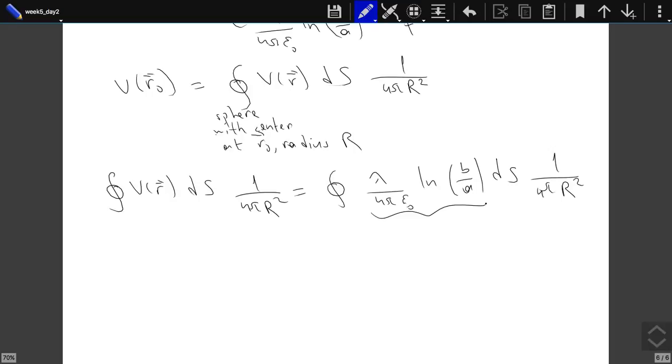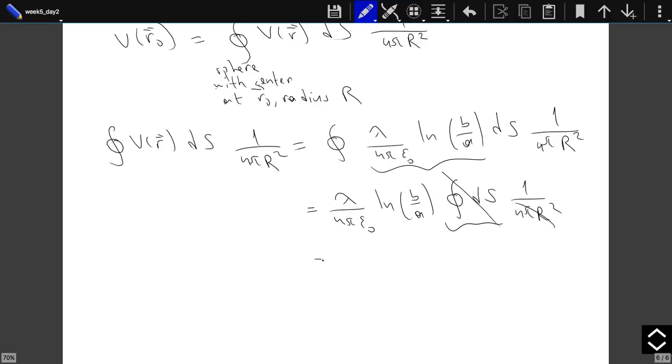These are all constants, so I can take them out: lambda over 4 pi epsilon 0, logarithm of B over A, times the integral of dS times 1 over 4 pi R squared. But the integral of dS is nothing but the total surface area of my sphere, which is 4 pi R squared.